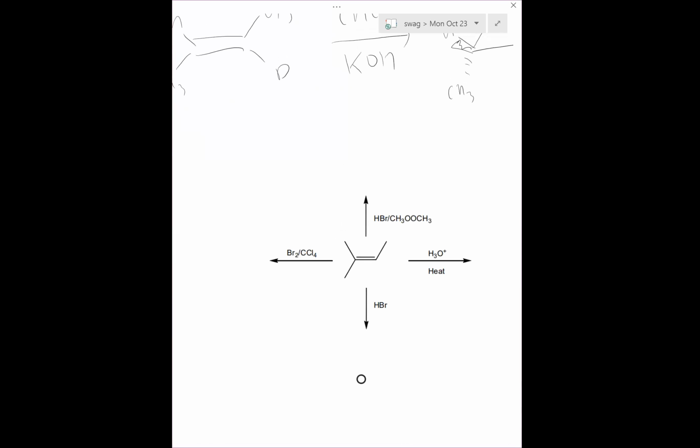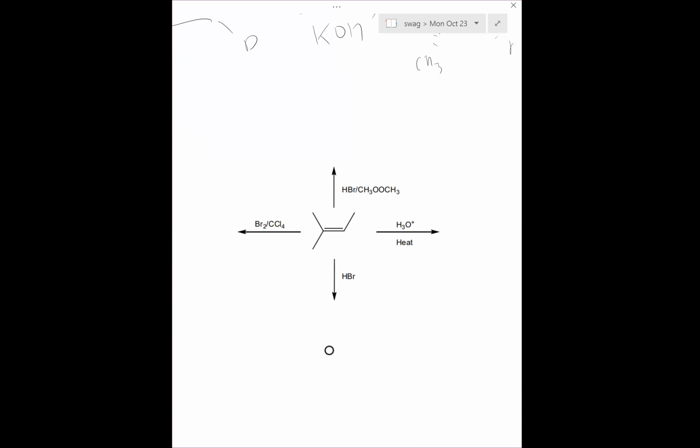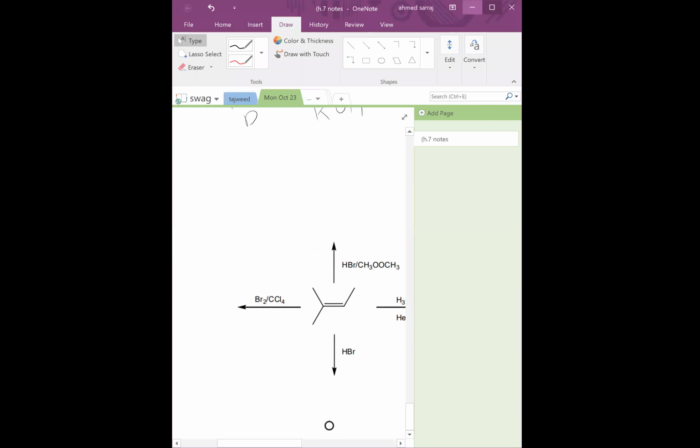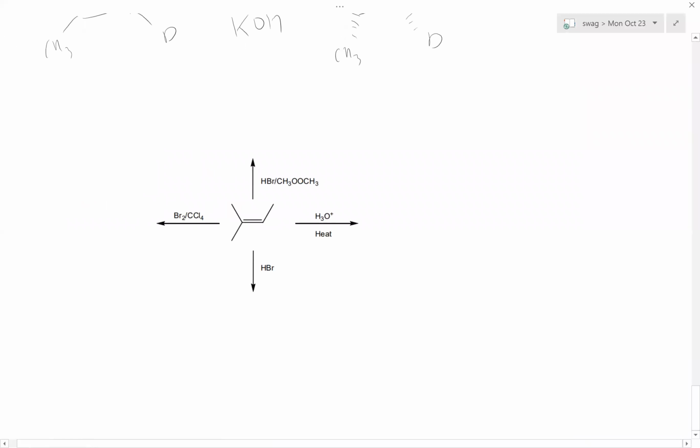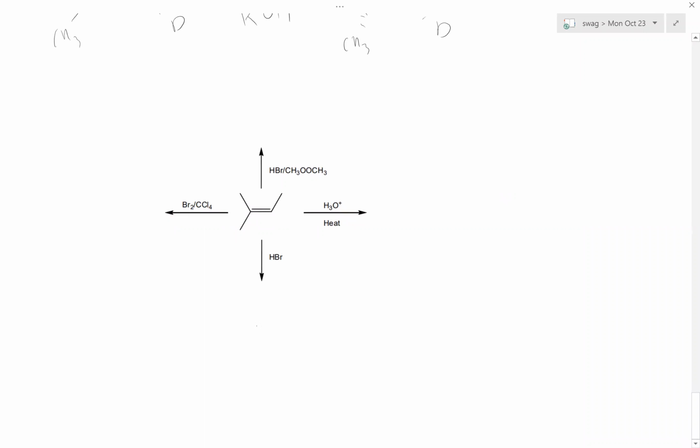All right. So you have 4 arrows here. Tell me, going up, going down, going right, going left, what do you get? I'll give you all a minute to try and implement what we've learned.